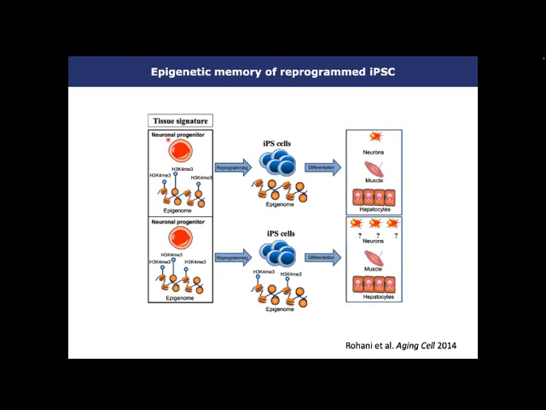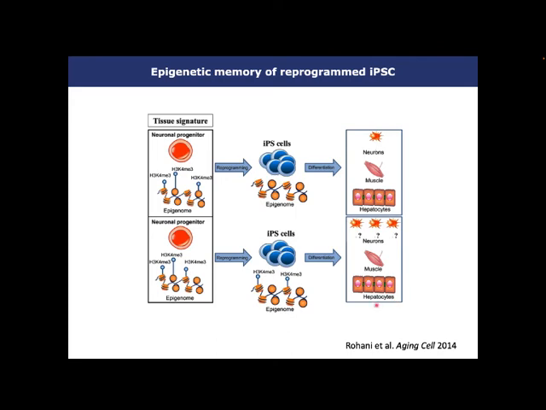For example, if we reprogram iPSCs from neural progenitor cells, the neural progenitor specific markers such as H3K4 trimethylation for active genomic loci are still maintained after the reprogramming. And if we differentiate these cells, they more preferentially go to neurons instead of muscle or hepatocytes.